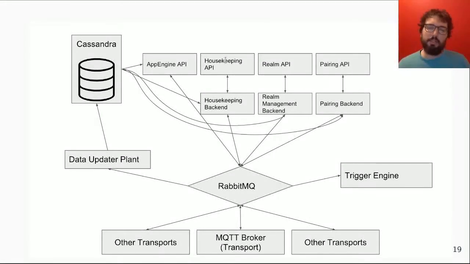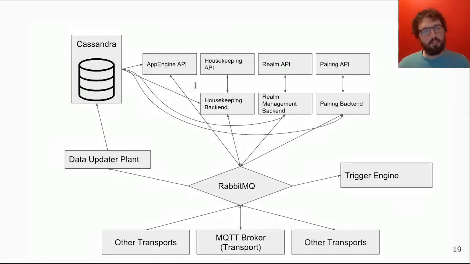All API services except AppEngine API have a corresponding backend service, and the communication between services passes on RabbitMQ with an RPC protocol.